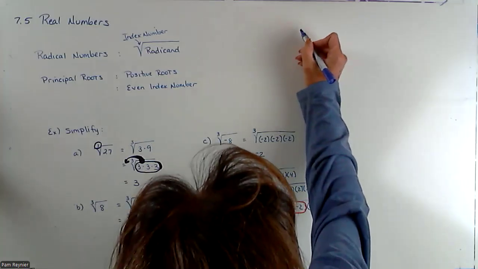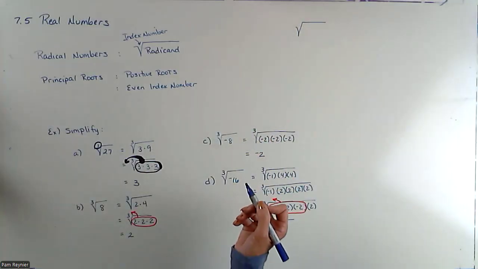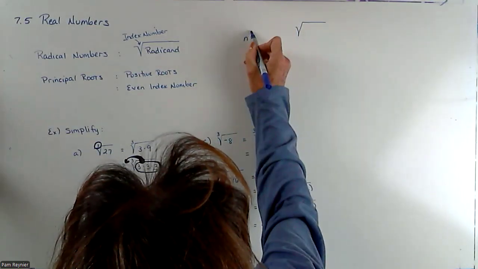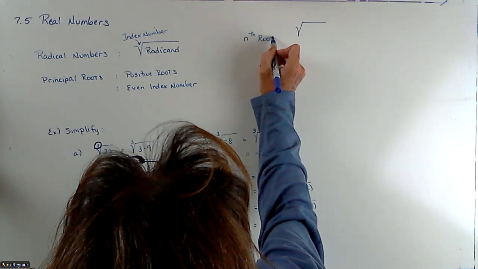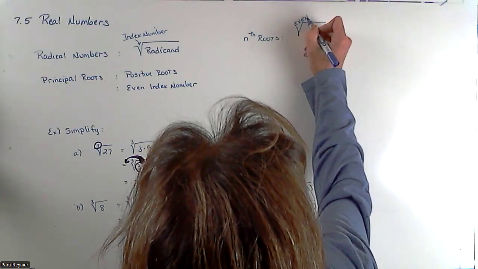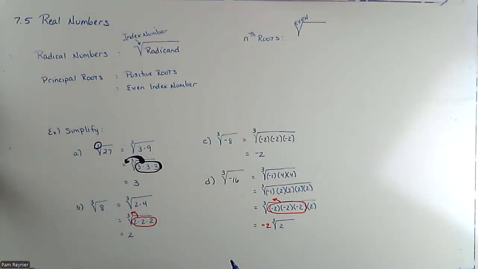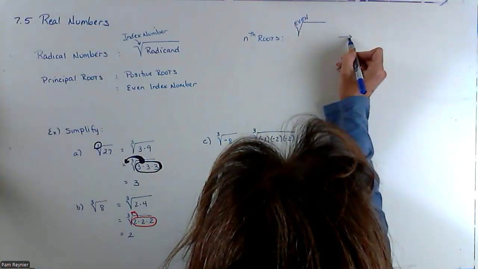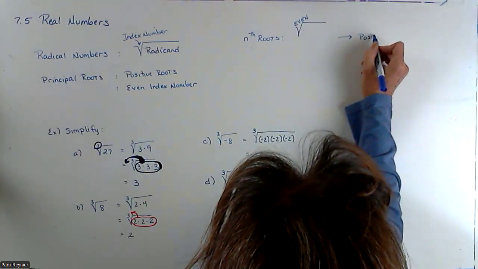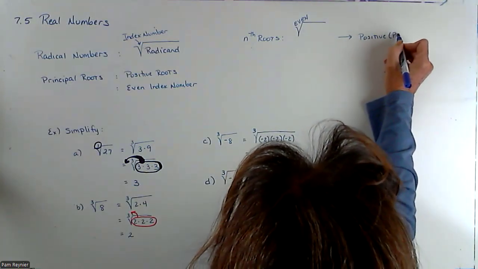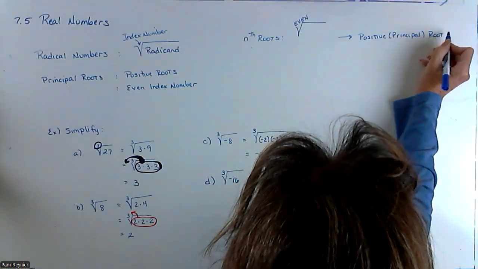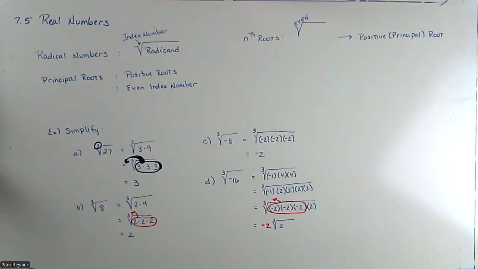So I'll just sum that up. If I have an index number, here we have nth roots. If I have an even index number, 2, 4, 6, etc., then the result will be a positive answer or principal root, square root, 4th root.